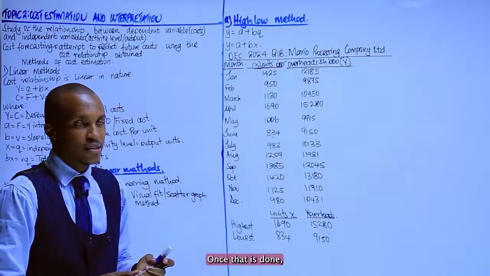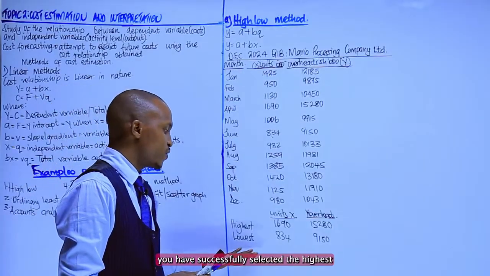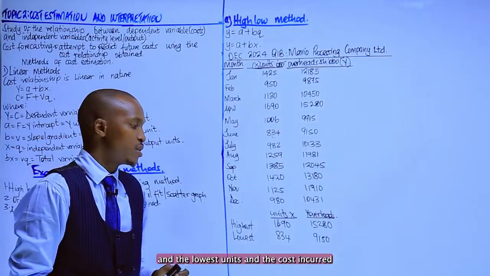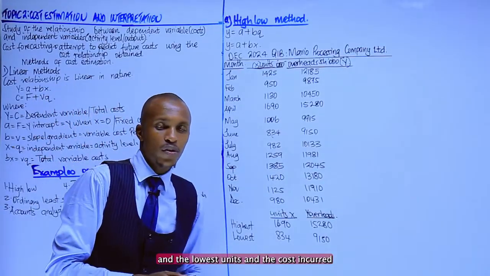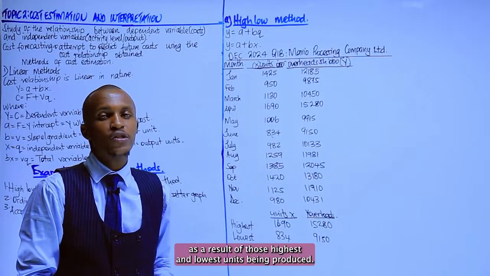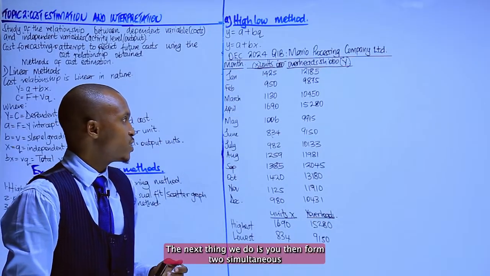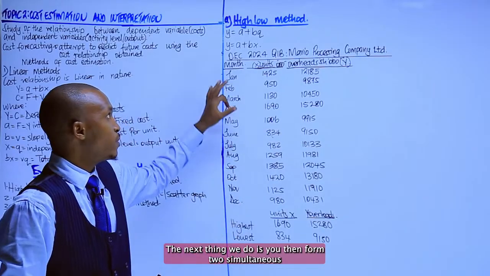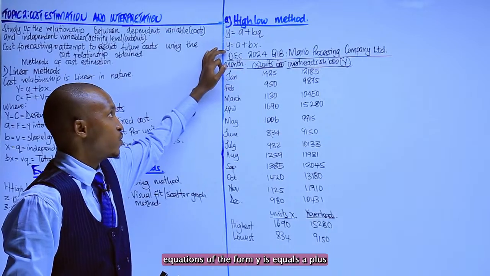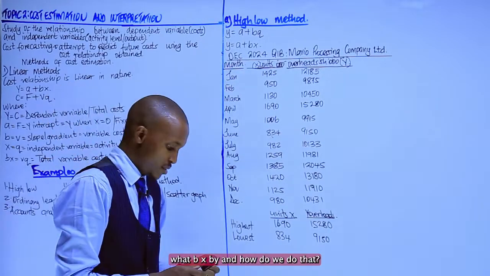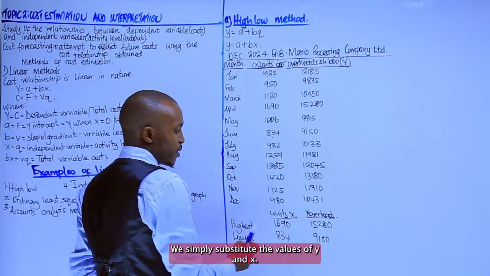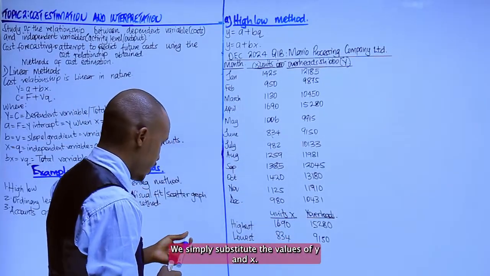Once that is done, you have successfully selected the highest and the lowest units and the cost incurred as a result of those highest and lowest units being produced. The next thing we do is we then form two simultaneous equations of the form y is equals a plus bx. But how do we do that? We simply substitute the values of y and x.